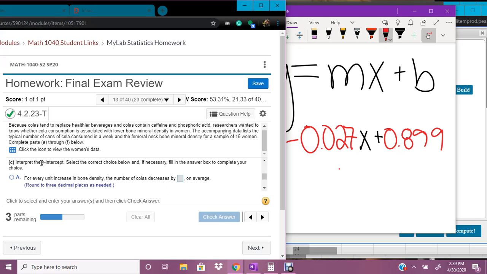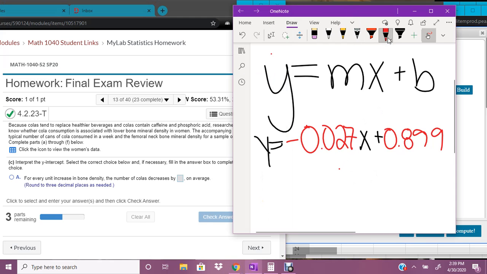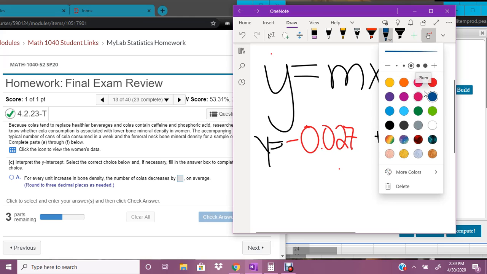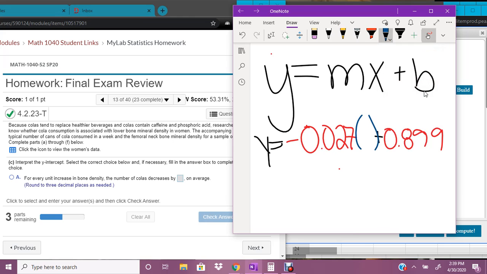Now we're interpreting the y-intercept, which is this number right here. To interpret the y-intercept, we plug in 0 for x. If we plug in 0 for x, that means 0 times anything is just 0, right?